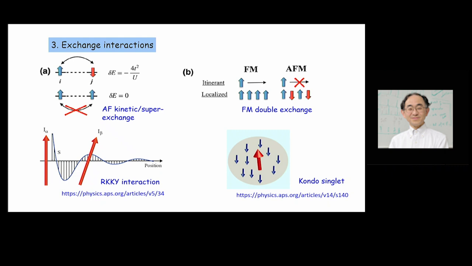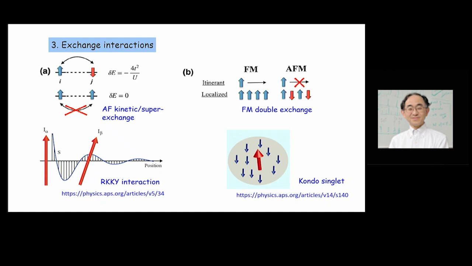But this formation of the singlet can be described by very interesting field theoretical language, such as renormalization group, etc. And then this Kondo singlet is very relevant to non-abelian field theory, etc. Because this is so-called asymptotic freedom, which is unique to non-abelian gauge field theory.